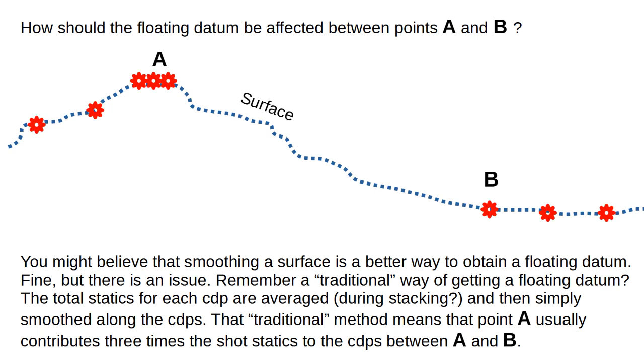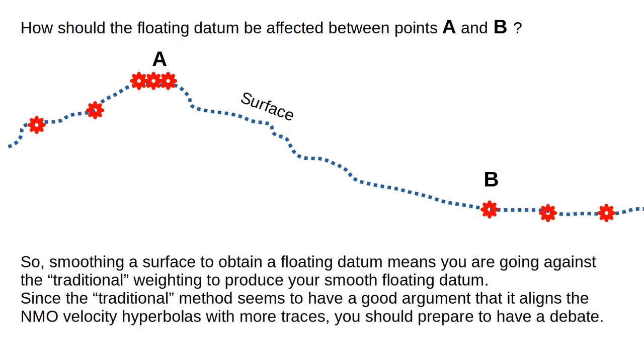That traditional method means that point A usually contributes 3 times the shot statics to the CDPs between A and B. So, smoothing a surface to obtain a floating datum means you are going against the traditional weighting to produce your smooth floating datum. Since the traditional method seems to have a good argument that it aligns the velocity hyperbolas with more traces, you should prepare for a debate.